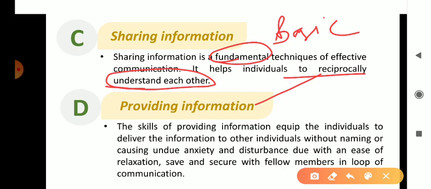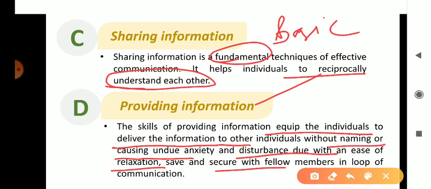Next, providing information. The skill of providing information equips the individual to deliver information to another individual without causing undue anxiety and disturbance, with ease and relaxation, safe and secure with the fellow members in the loop of communication.